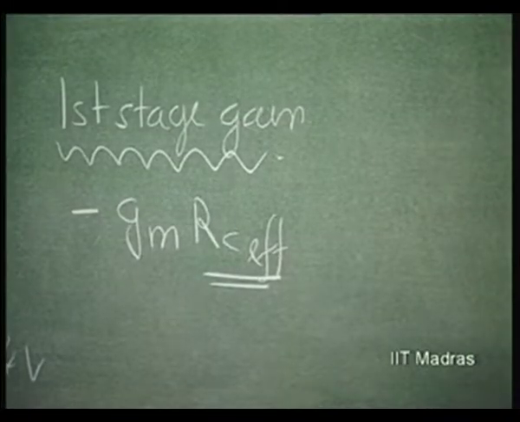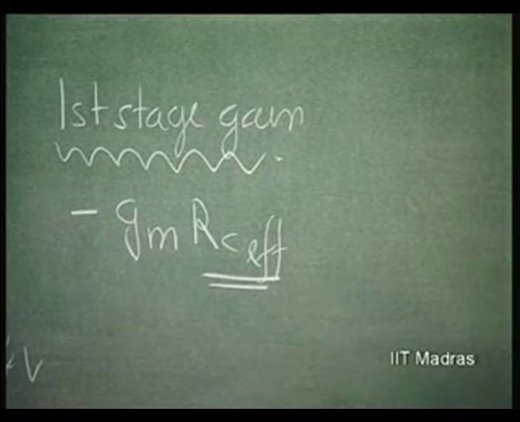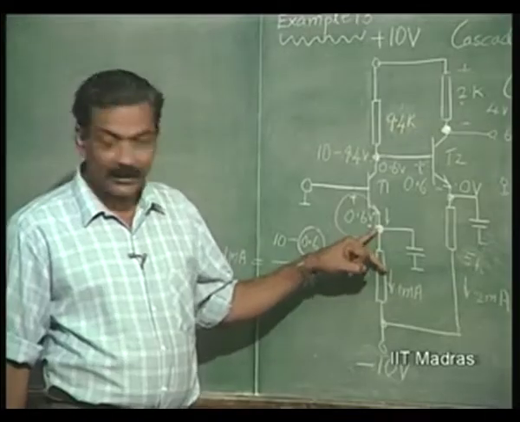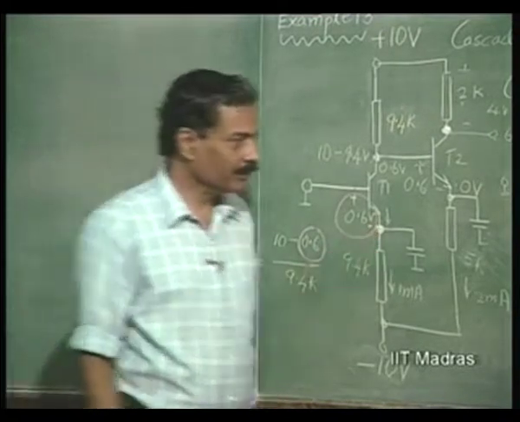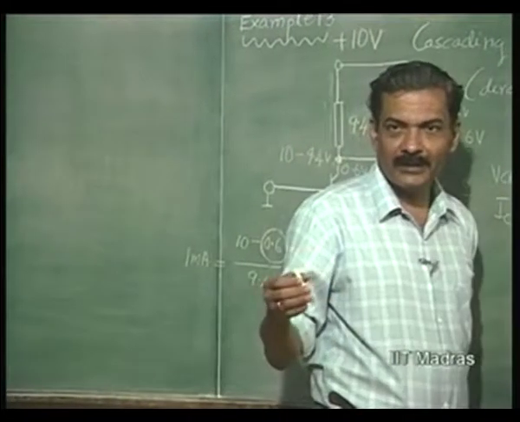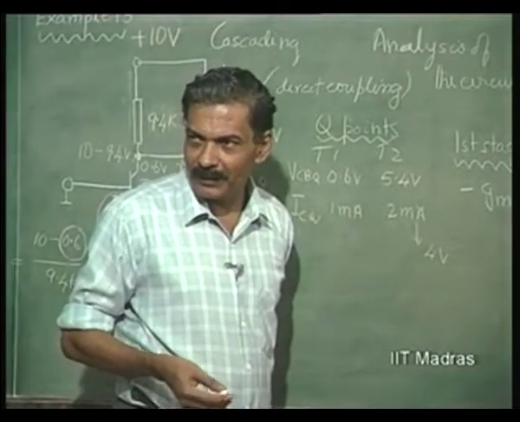gm is 1 over re, alpha over re, alpha is very close to 1. For 1 milliampere, re is 25 ohms, 26 ohms really, we will take it as 25 ohms for convenience.